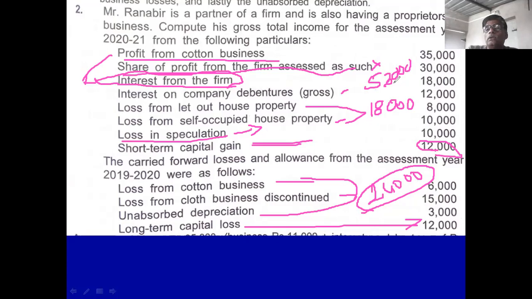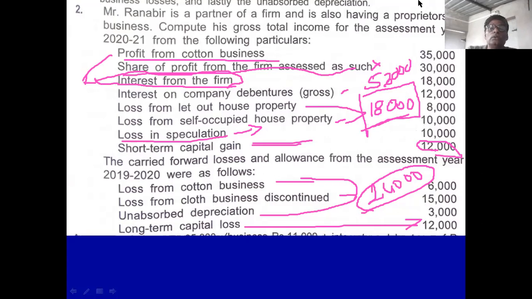From the 29,000, you deduct loss from house property under section 71, one head loss to another head. 53,000 minus 24,000 is 29,000. If you adjust this 18,000, then 11,000 is the income from business. Or you may adjust this 18,000 in the other source also. Remember this.